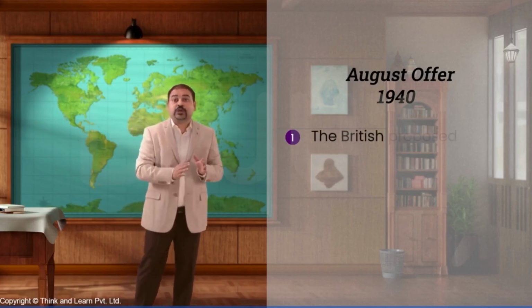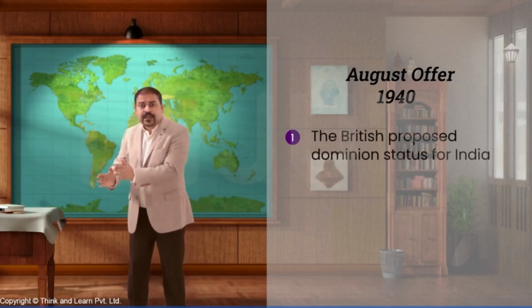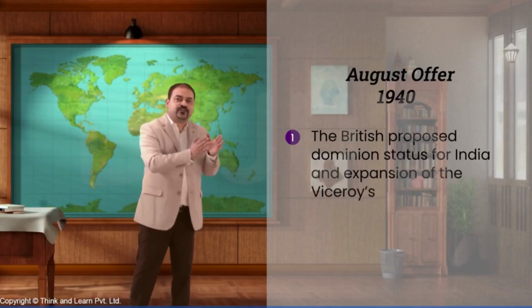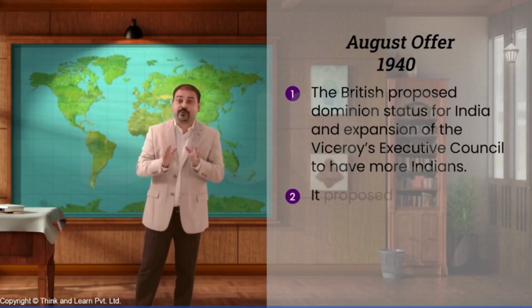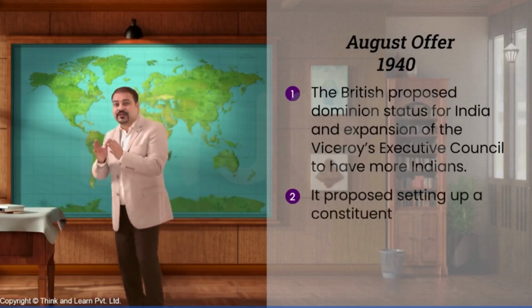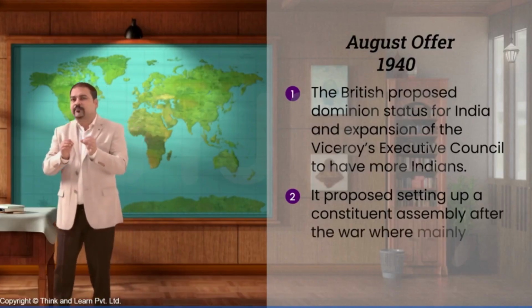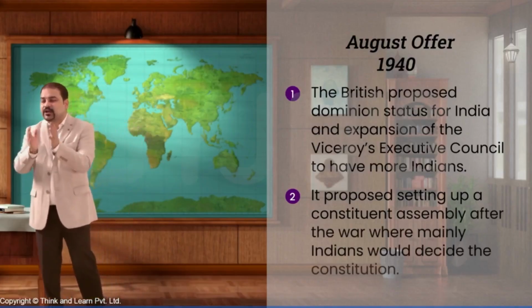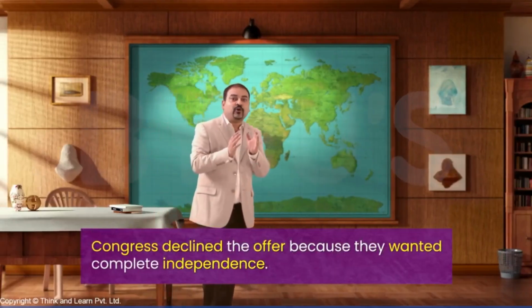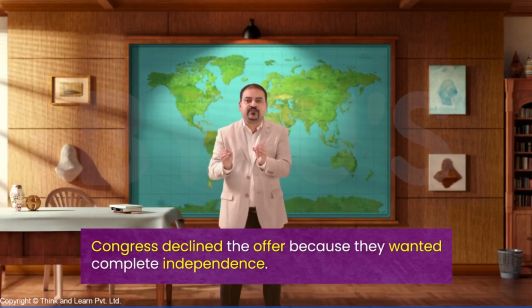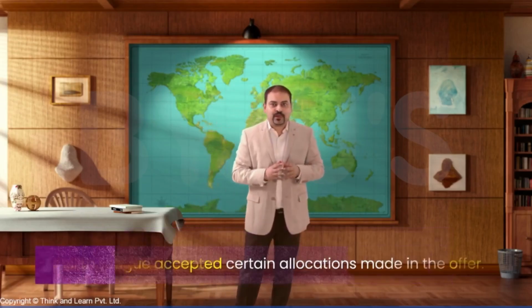The British proposed Dominion status for India, and an expansion of the Viceroy's Executive Council to have more Indians. It also proposed setting up a constituent assembly after the war where mainly Indians would decide the constitution. But the Congress declined the offer because they wanted complete independence from the British.